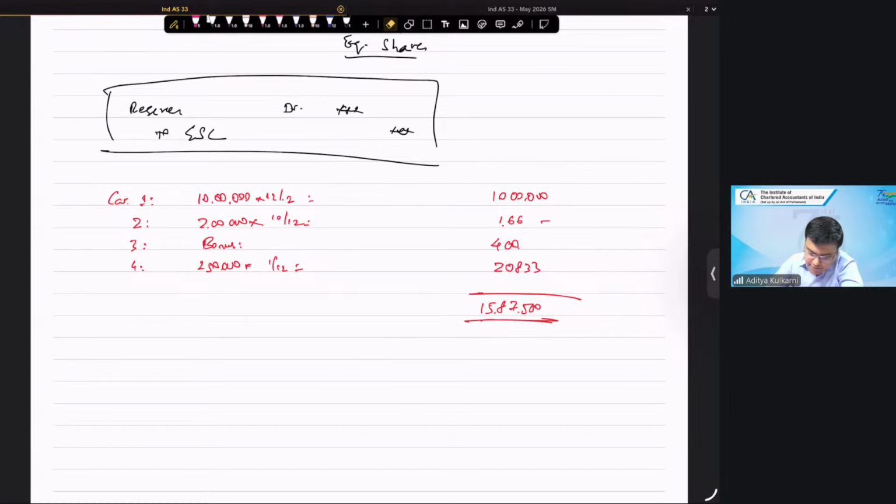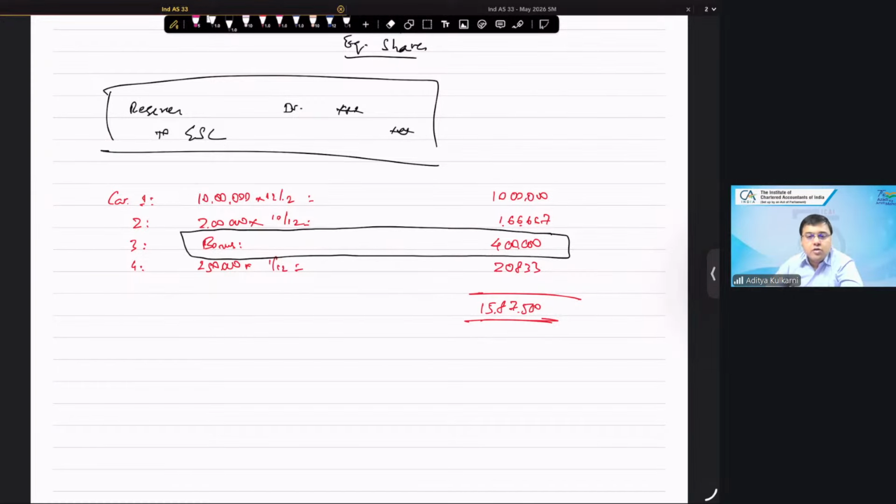Look at this. Here the bonus factor is not considered. See, not considering the bonus factor is totally fine. My question is, you have taken 4 lakh present for the entire year. Yes or no? Yes, sir.